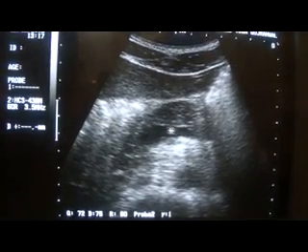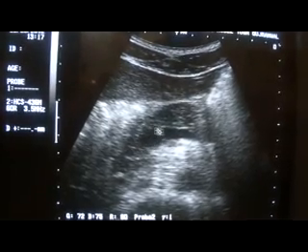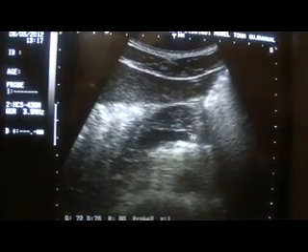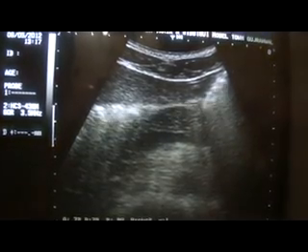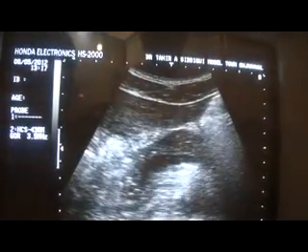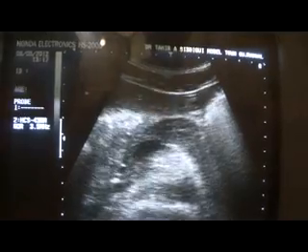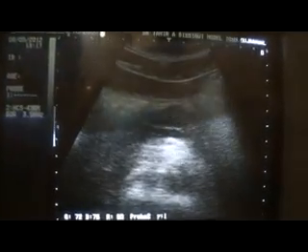If this is the echo brightness of the liver, then that of the pancreas is considered normal if slightly less. However, this echogenicity varies with age. As age advances, the echogenicity also increases.